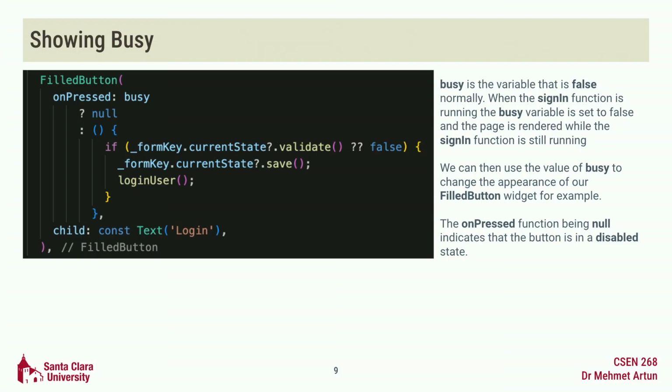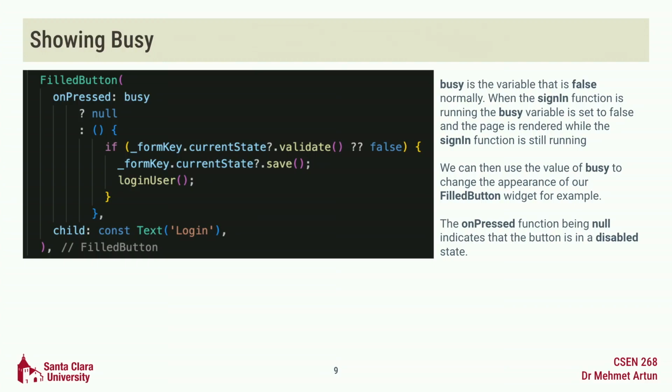So here is that selector. If the busy variable is true, then the function is null. The function you call with the filled button is null if busy is true. So if the UI is busy or if the machine is busy, make sure that the filled button has no corresponding function, or it's null.